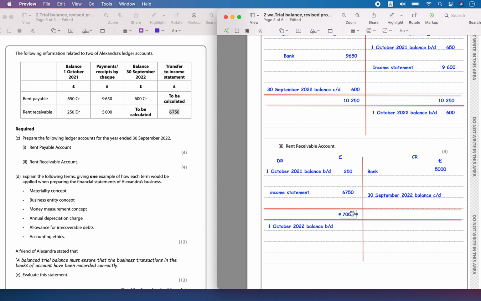So this 7,000 total has to be the same on both sides. So 7,000 minus 5,000 is equal to 2,000. So that is the balance that was carried forward. Some of it was transferred to the income statement, that was 6,750. So the remaining will go as a balance, 2,000.